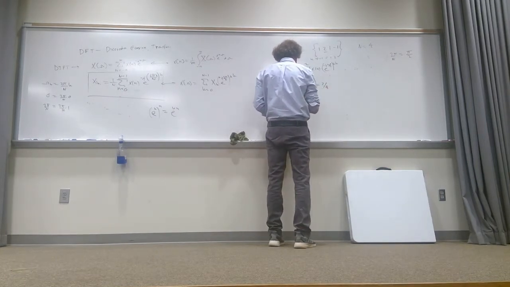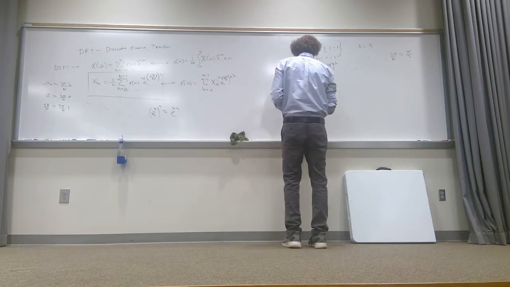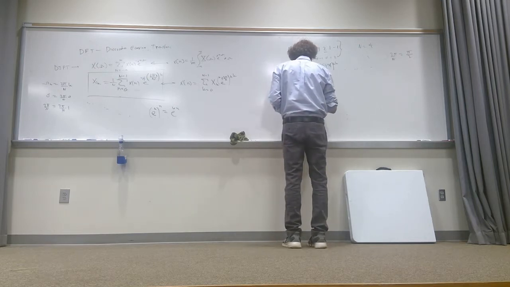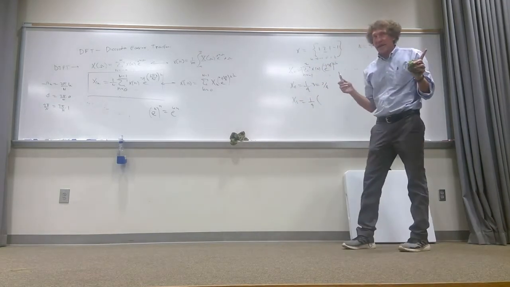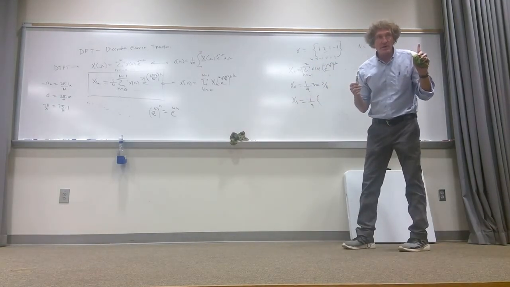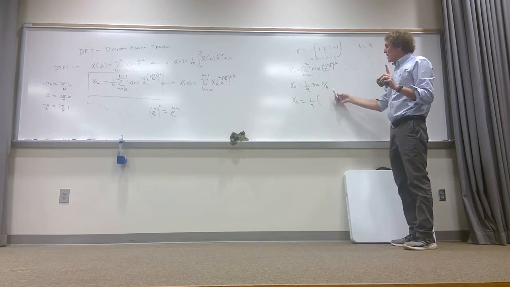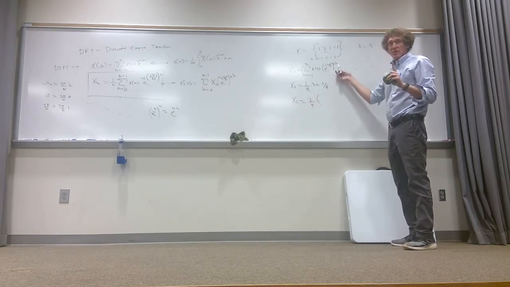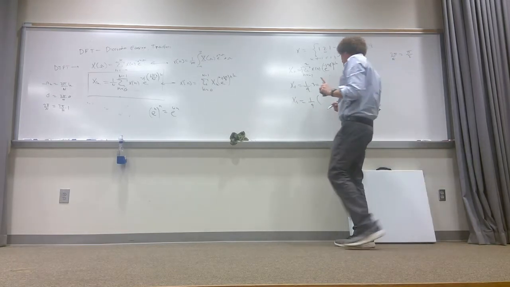Now, what is X of 1 equal to? Well, that's 1/4, right? Now work with me on this one. This is X of 1. Listen to me, right? Here, when this is 1, it means k is 1, correct? So now really what I have is this.